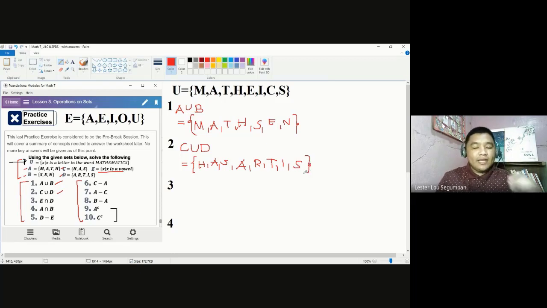Some of you might say that's already your final answer, but we need to make sure that there should be no duplication as the set is defined as a collection of well-defined and unique objects. That being the case, let us try to remove any duplication. I'm talking about element A. We will remove this since we already have A here. So to remove duplication, simply erase it.